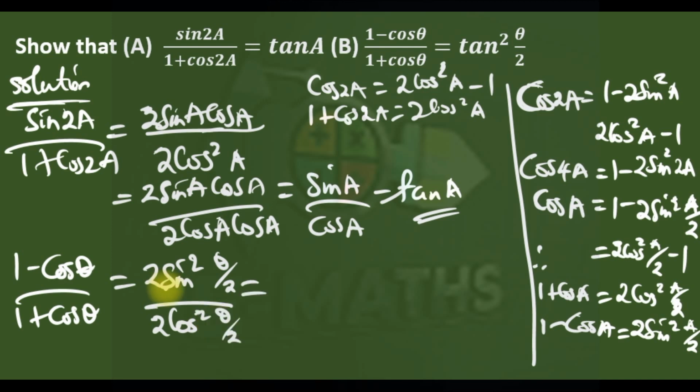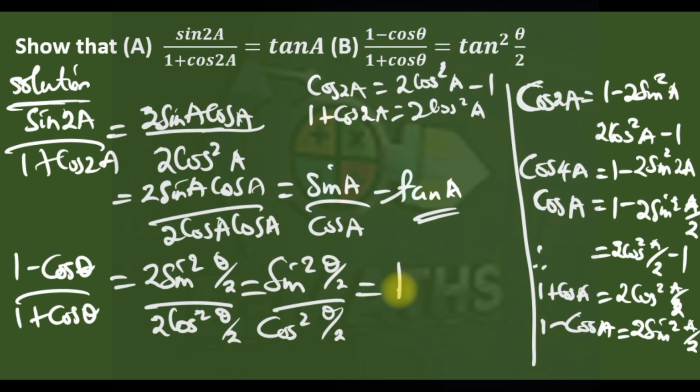So you can easily see 2 sine squared. Remember, sine over cos is tan. So I'm saying that we have sine squared half theta over cos squared half theta. Sine over cos is tan, so we have square. So that's it. So all these, they are all based on double identity. So thank you.